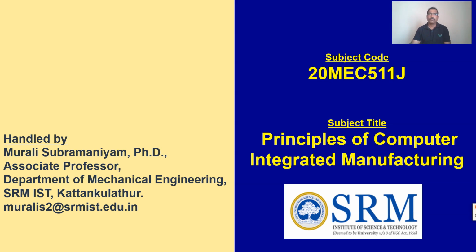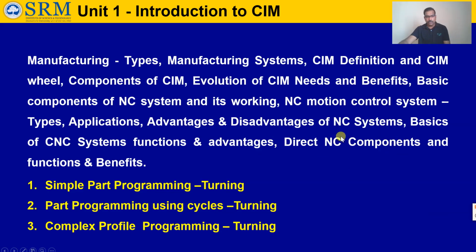So this is the syllabus for unit 1, mainly about manufacturing. What are the types of manufacturing? What are the manufacturing systems available? And CIM definition, CIM wheel and components available, pros and cons of CIM, and NC machine and how it is working, what the classification is, how the NC machines are controlled.